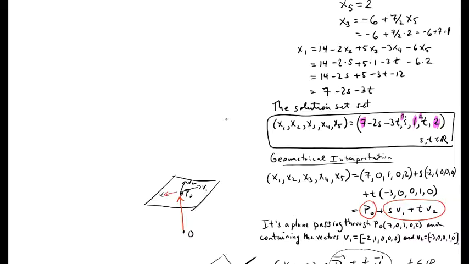So that's what a geometrical interpretation is. Okay, you have to describe: is it a plane, a line, or a single point.